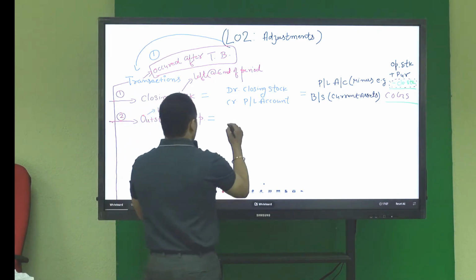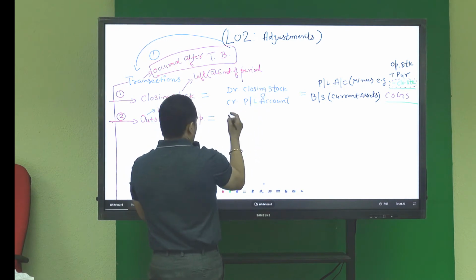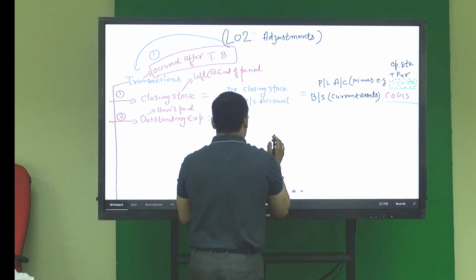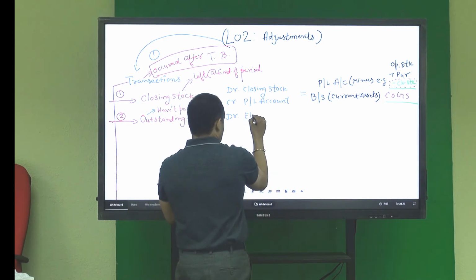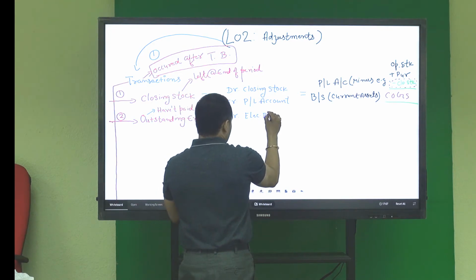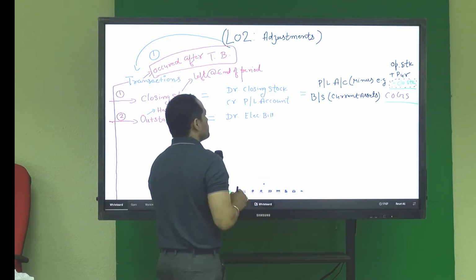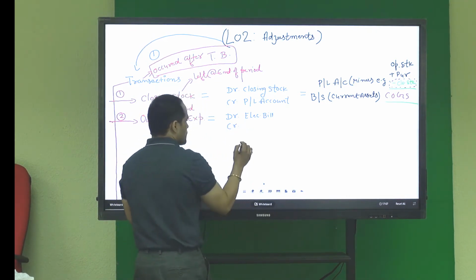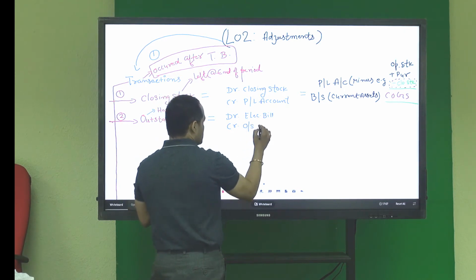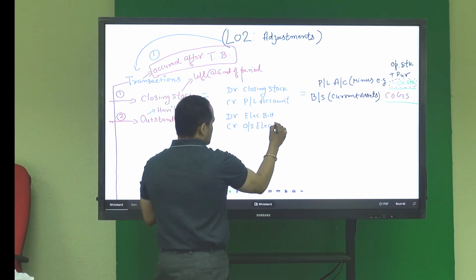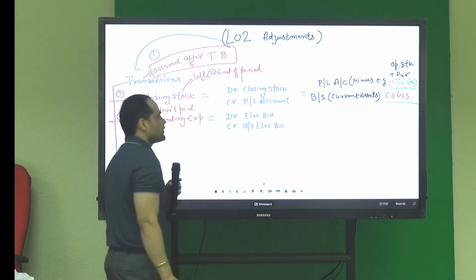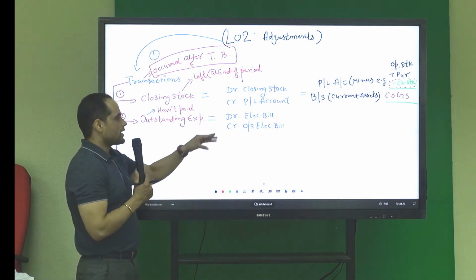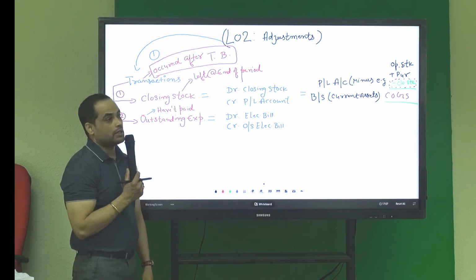So the journal entry will be debit electricity bill, alright, credit outstanding electricity bill. Debit electricity bills account, and credit outstanding electricity bills account.